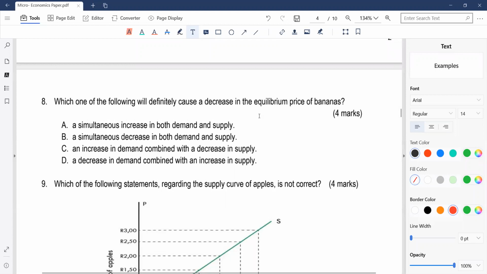Which one of the following will definitely cause a decrease in the equilibrium price of bananas? A: a simultaneous increase in both supply and demand. If there's a simultaneous increase in both supply and demand, the equilibrium price will increase.